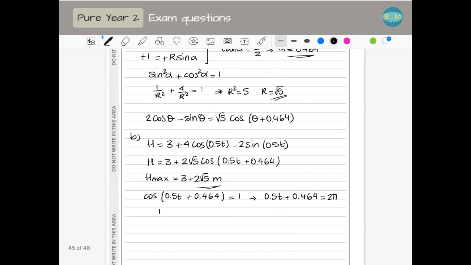And that means that t, in radians, be careful, is 11.638 more, but they ask to 1 decimal place. T in seconds, so 11.6 seconds.